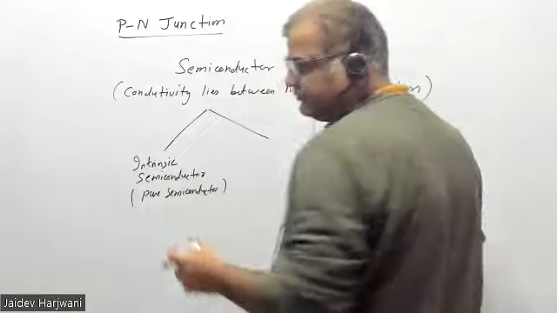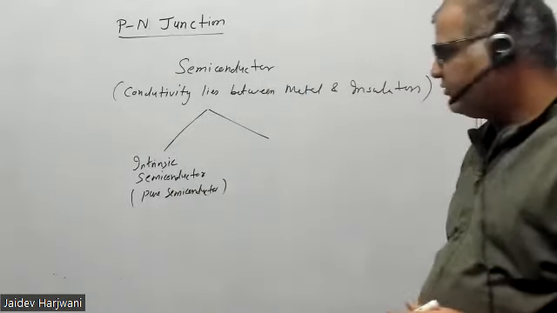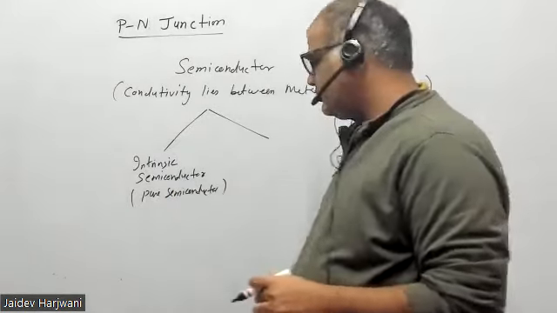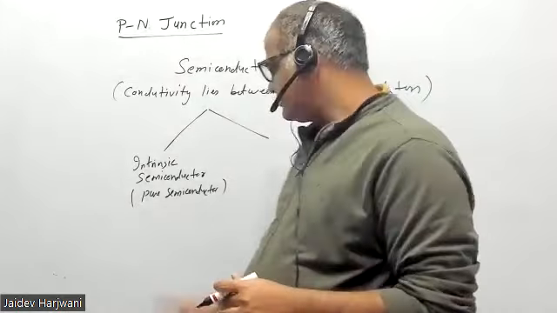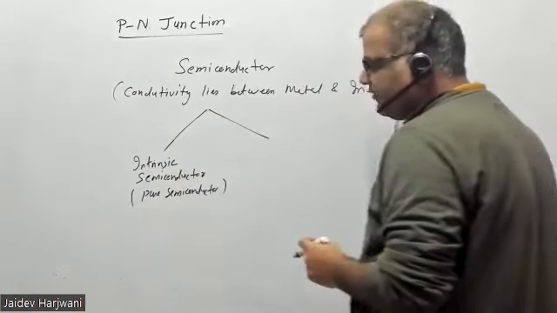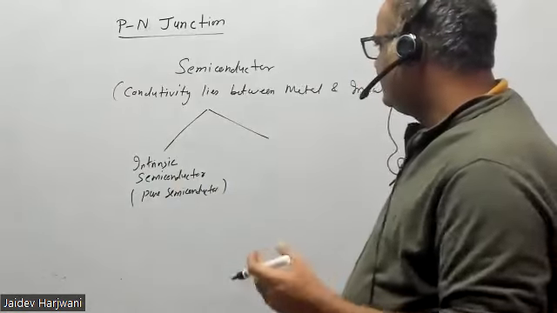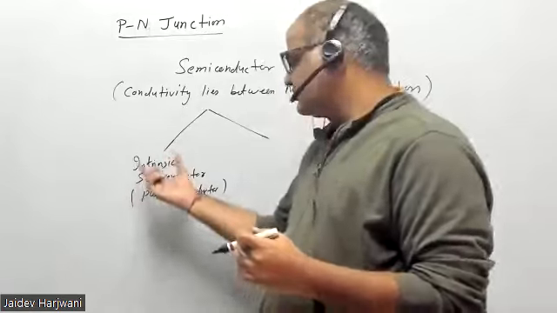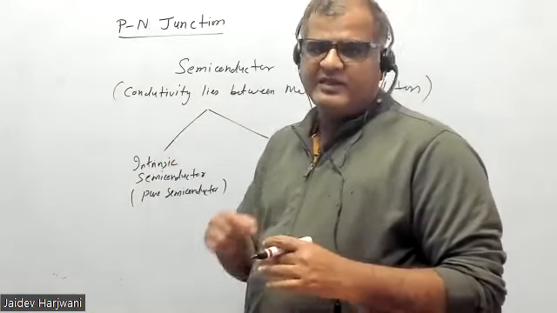But the conductivity of these intrinsic semiconductors is very low, so they don't have many practical applications. So in order to increase the conductivity of intrinsic semiconductor, we dope some impurities in it, and we make them extrinsic.